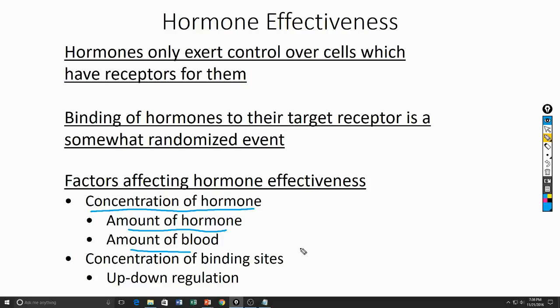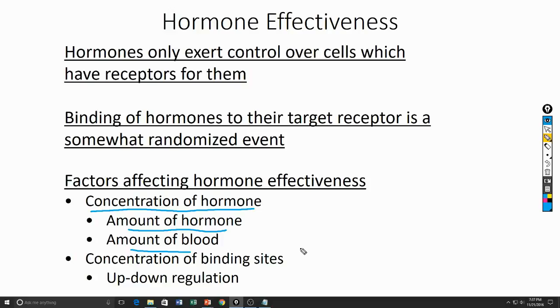And this is really the thing that's kind of lost when most people talk about the endocrine system. We talk about whether or not people should be able to take steroids, or certain performance-enhancing drugs, which might be hormone-based. Some people might have a lot of testosterone in their blood, for example, but they might not have a lot of binding sites.